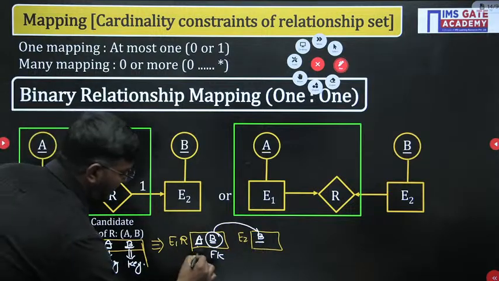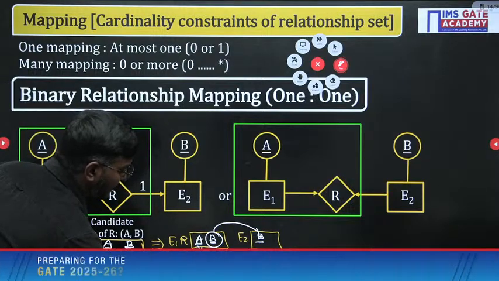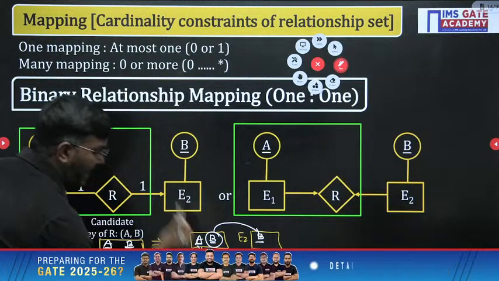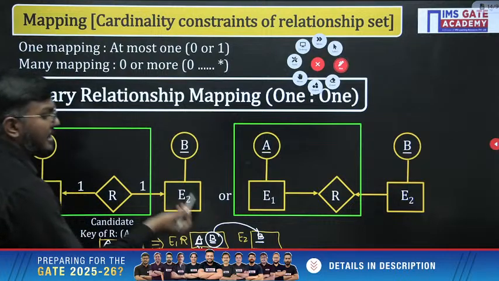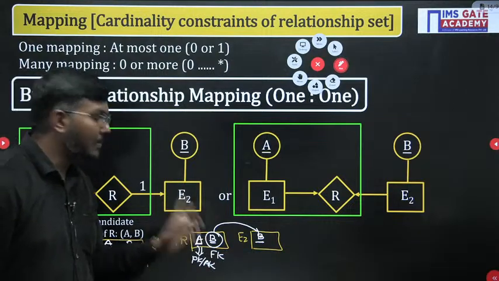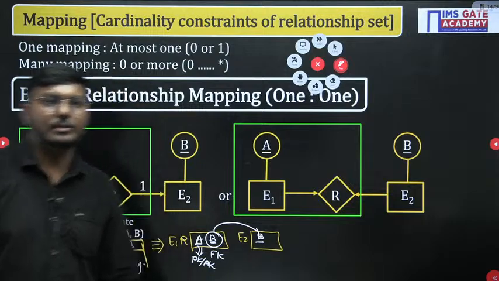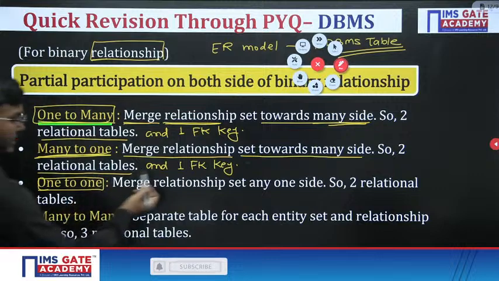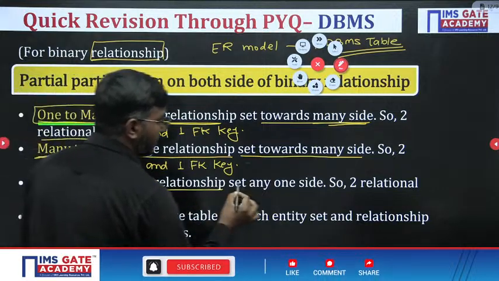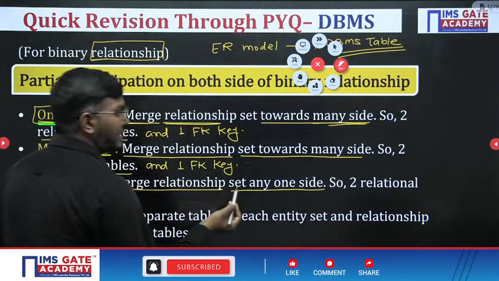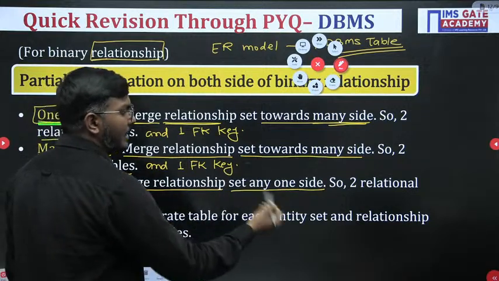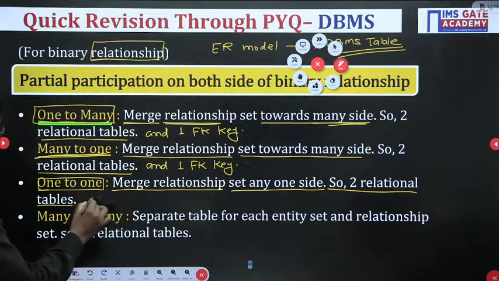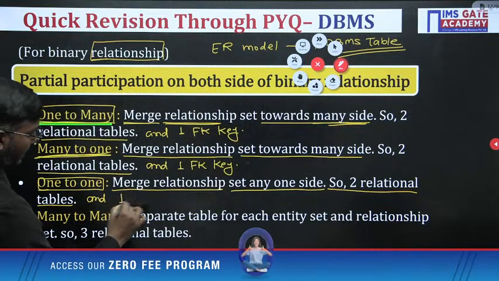And this B you can keep as an alternative key or primary key, anything. Why? Because this is a candidate key, and this B is also a candidate key. You can keep either as an alternative key or primary key. Understood now? Very good. So again, if the mapping is 1 to 1, then merge the relationship set towards any one side, either left or right. Again it will result in two relational tables and one foreign key.